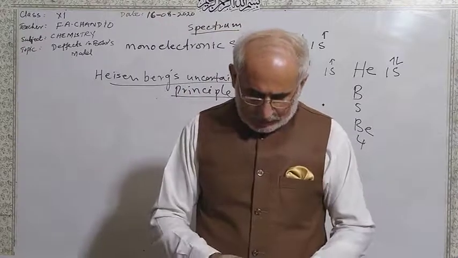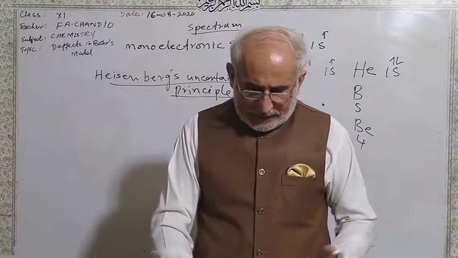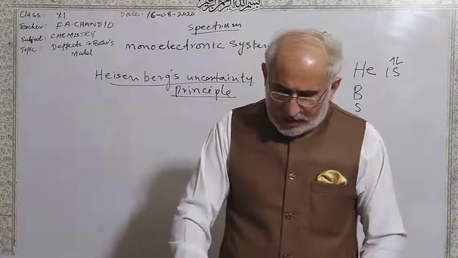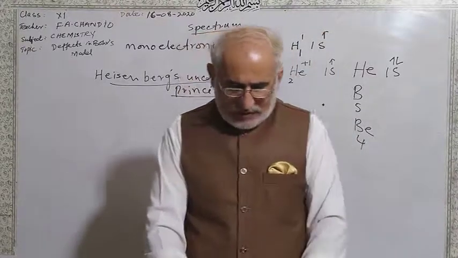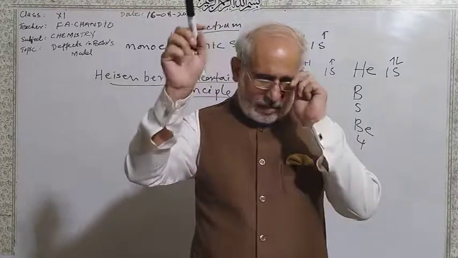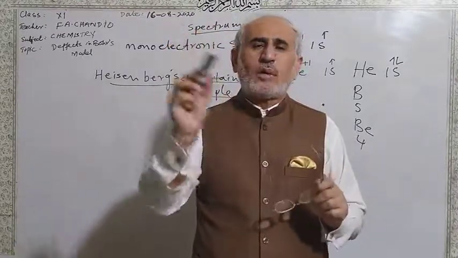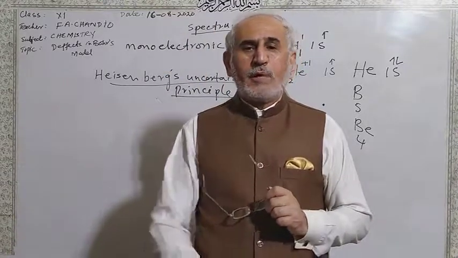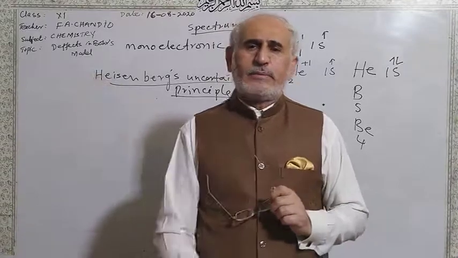According to Bohr's atomic model, electrons are moving in orbits with specific velocities, specific radii, in a circular path, circular motion, which we call orbits, in one plane.